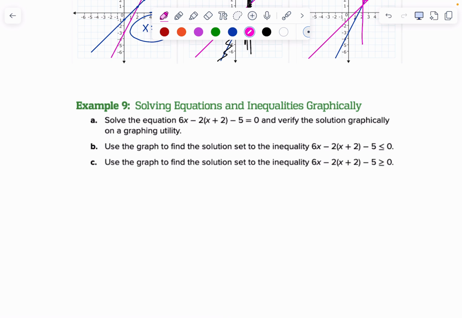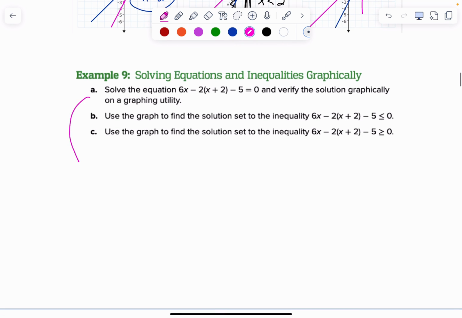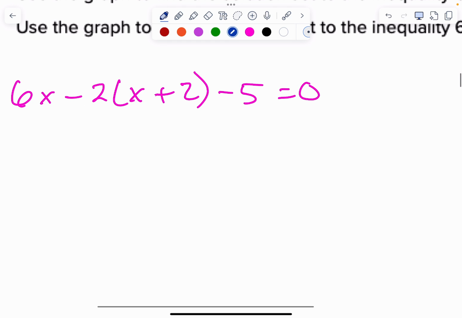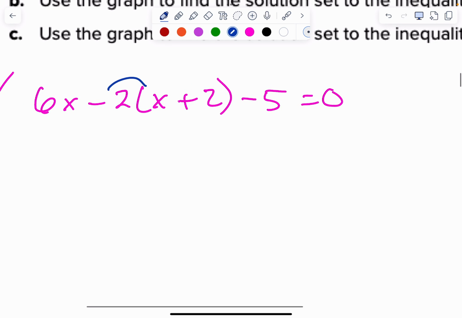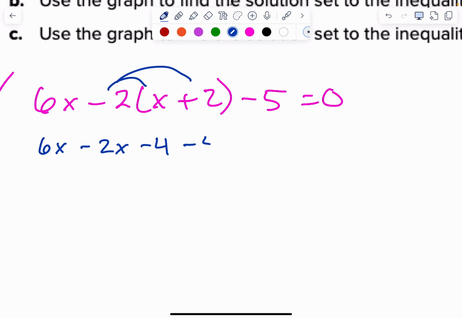Can we just do this linearly? Like and solve, not graphing. Let's do that. Okay, so this guy, if I write him out, 6x minus 2 times x plus 2 minus 5 equals 0. I'm going to solve. Let's distribute. Don't forget. Negative 2 through 6x minus 2x minus 4 minus 5 equals 0.